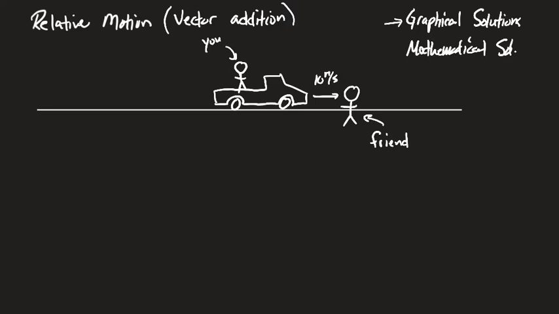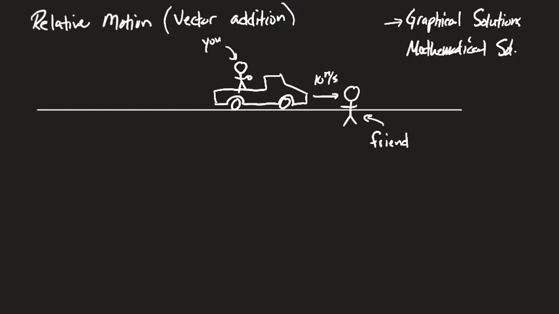Now, let's say that you are holding a ball in the back of the truck. Everybody okay? How fast is the ball traveling relative to you? Thinking zero. Is it changing its position relative to you?